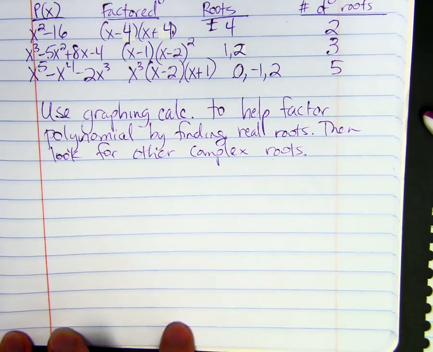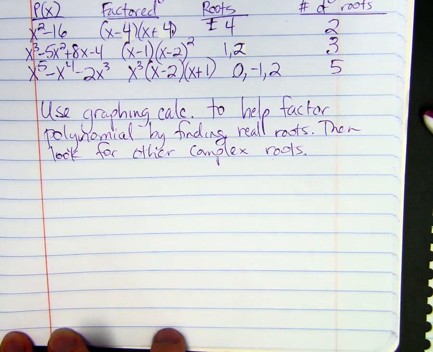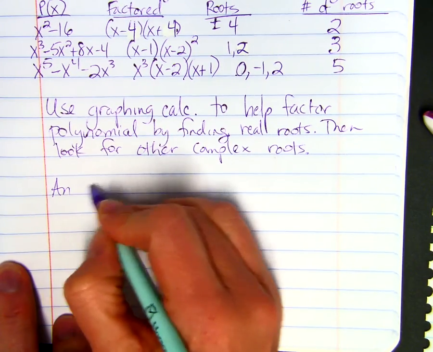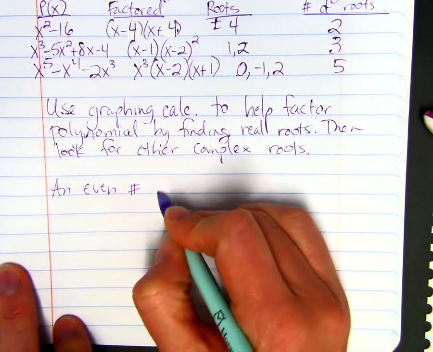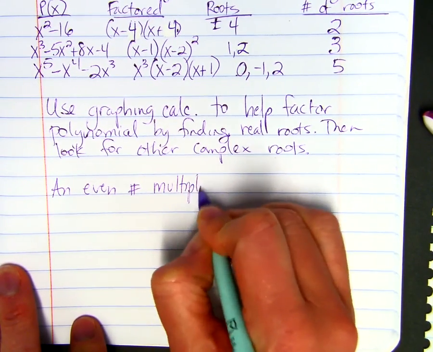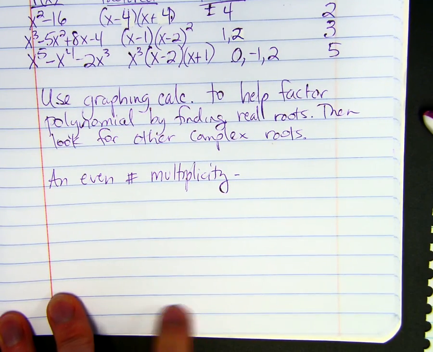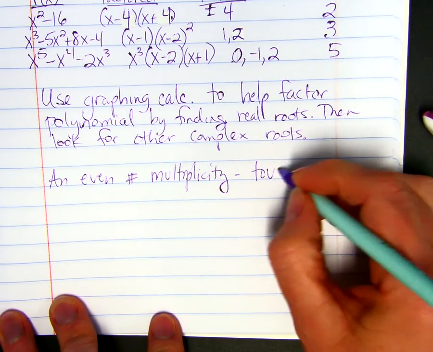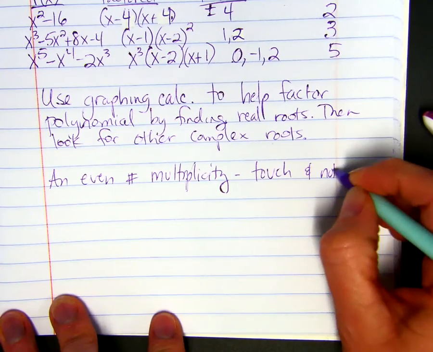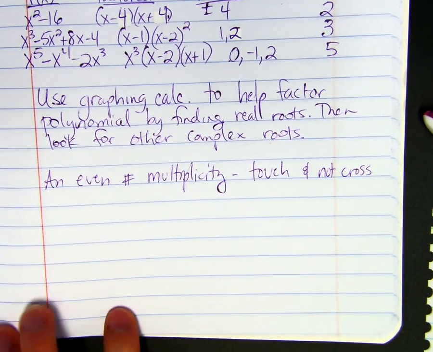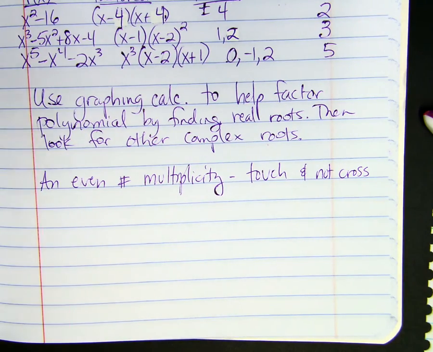If you have a graph that has an even number multiplicity, like a multiplicity of 2, 4, 6, it will always touch and not cross. So that's like when the quadratic is sitting on the x-axis.